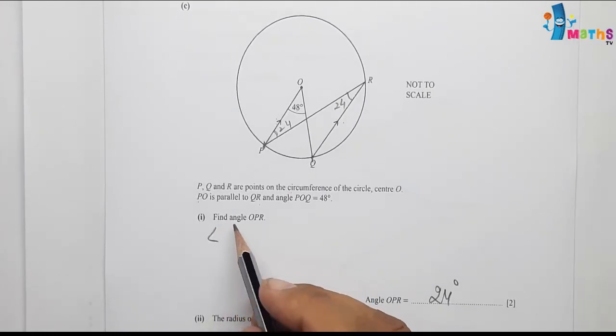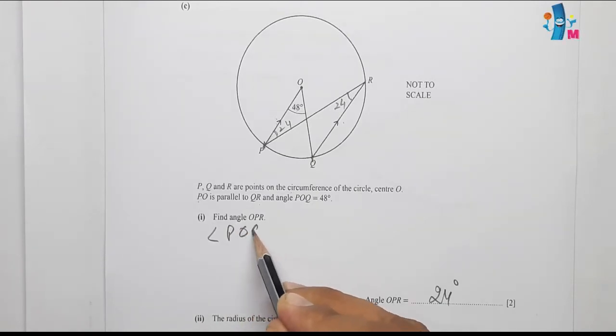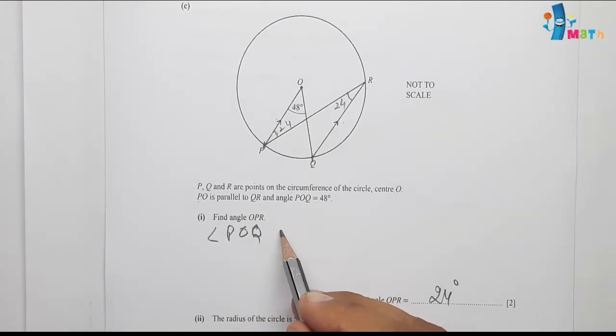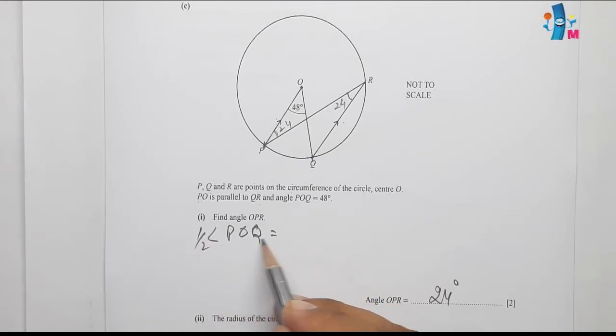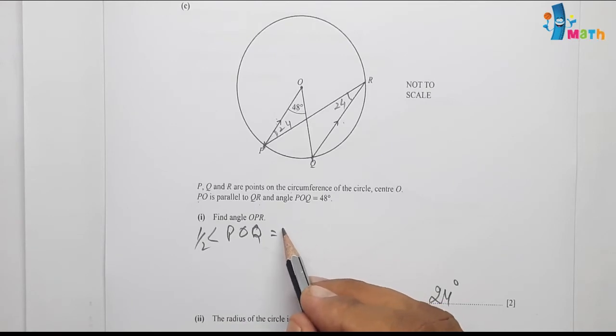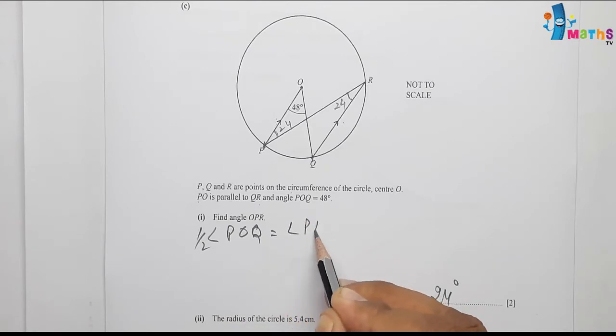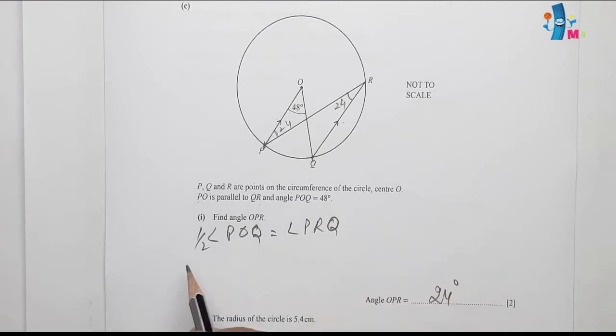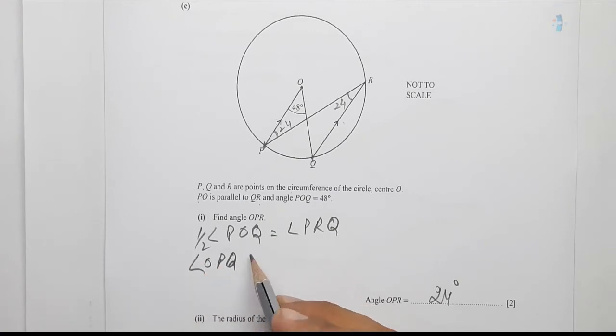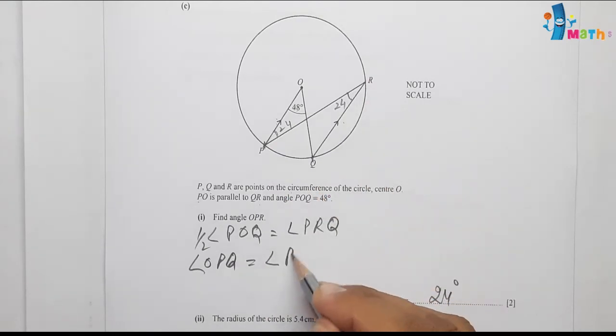So you can write the reasoning also. Angle POQ is equal to half of angle, this one is equal to angle PRQ, and you can write this one angle OPQ. Angle OPQ is equal to angle PRQ.